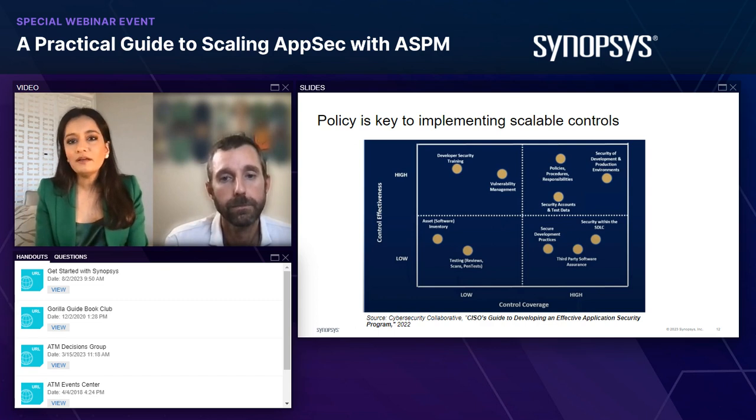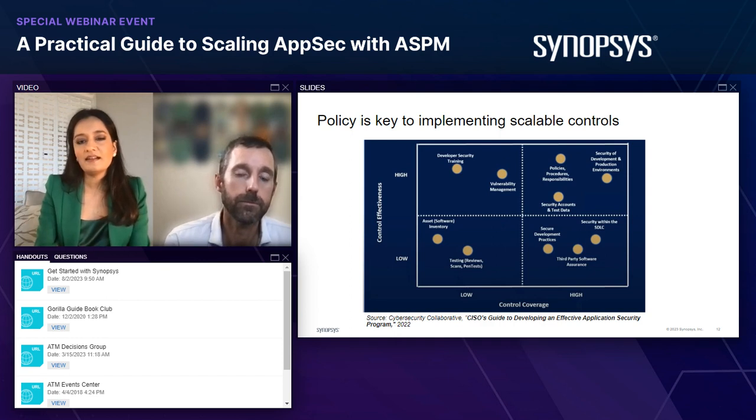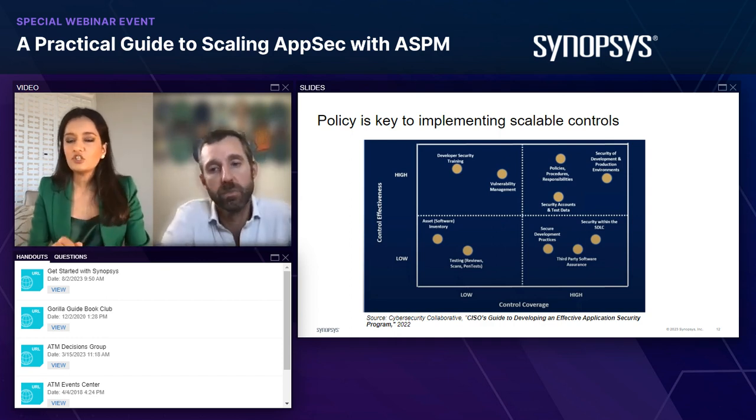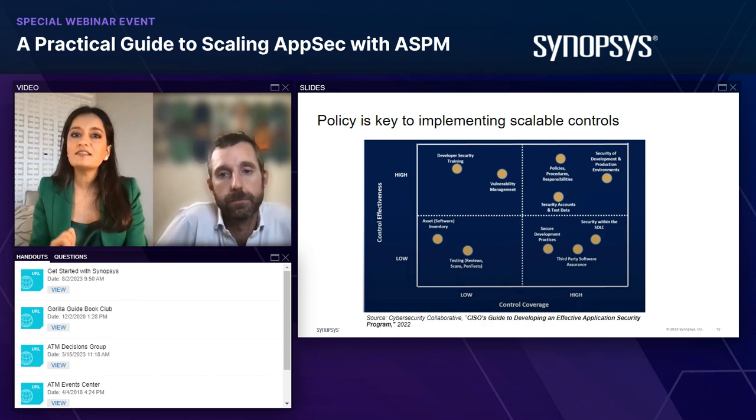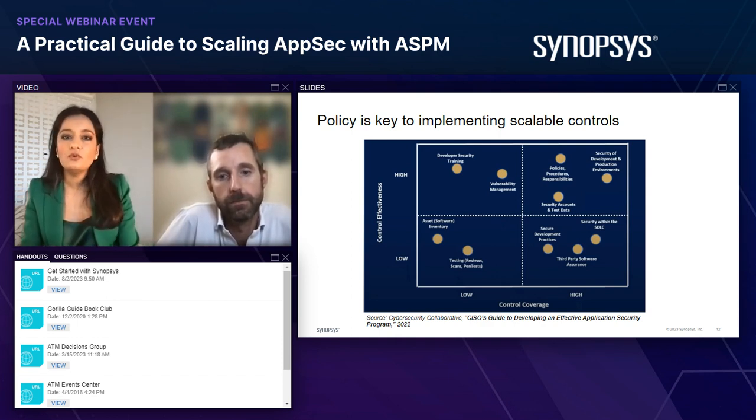So one of the concepts here that is important to understand is that in looking at the process of implementing controls with all of what you're doing with AppSec, there are some initiatives that you can leverage for effectiveness and coverage, and some that, while they're lofty goals, it's difficult to operationalize at scale.